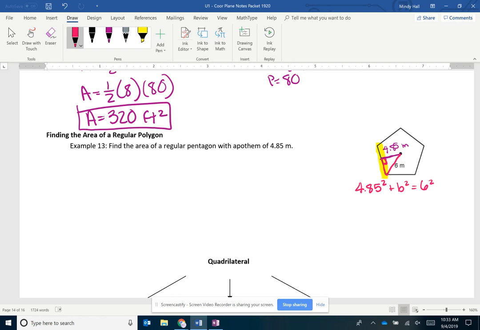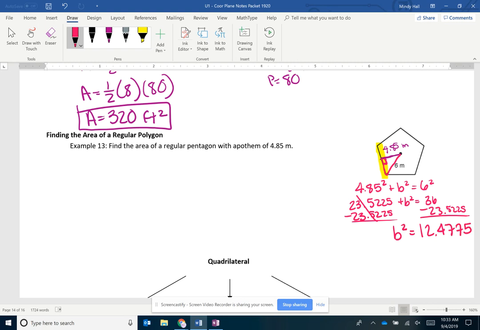4.85 times 4.85 gives you 23.5225, and 6 squared is 36. So when you subtract 23.5225 from 36, we get that b squared is 12.4775.